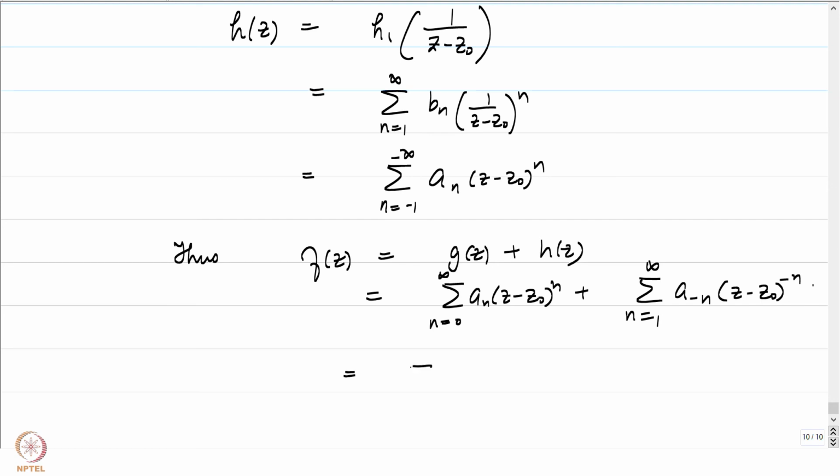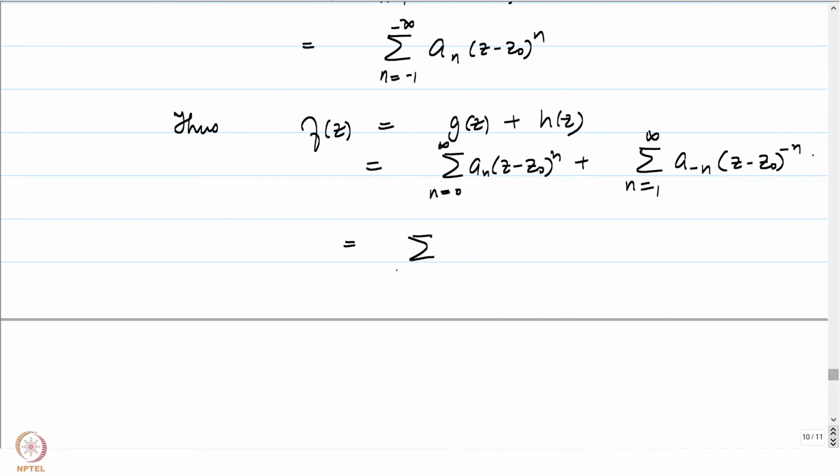Combining it, we can write this as the Laurent series expansion that we were intending to write. This is summation from minus infinity to infinity of a_n times z minus z0 to the power n. And with that, we complete the proof.